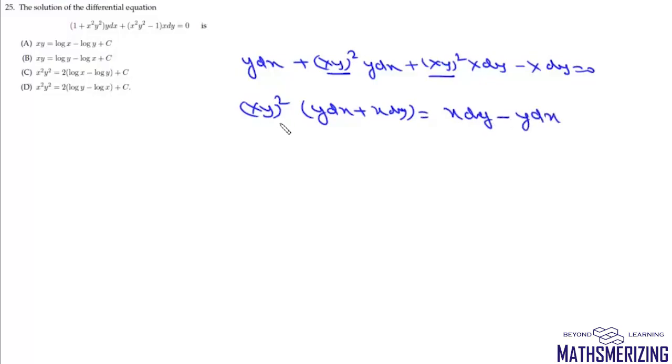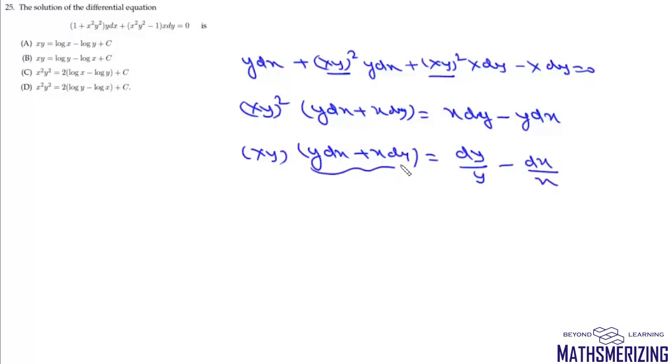Now we'll divide everything by xy. So we'll write xy times (y dx plus x dy) equals dy/y minus dx/x. Now this is nothing but d(xy). So we'll get xy times d(xy) equals dy/y minus dx/x.